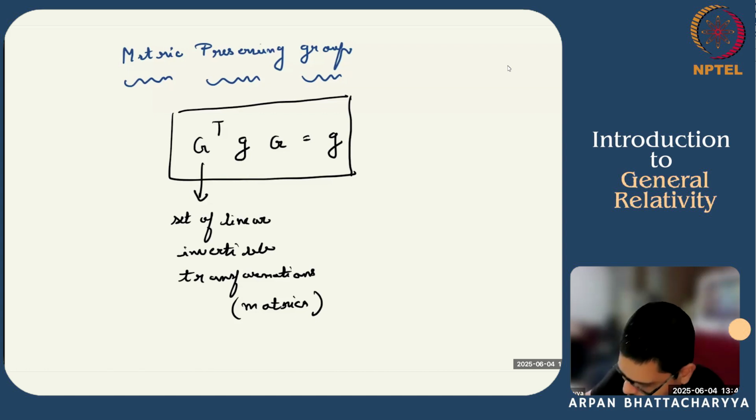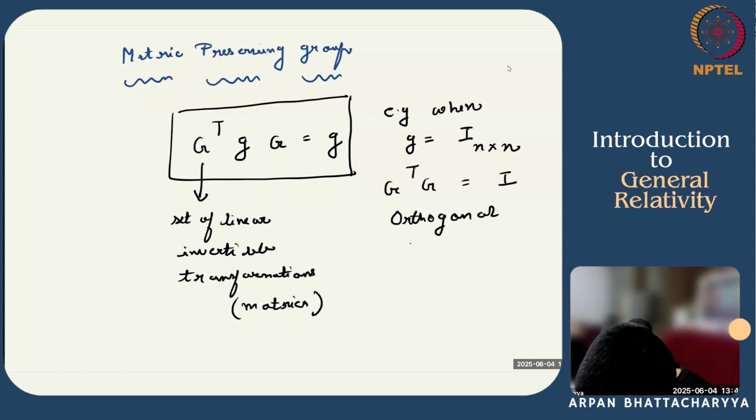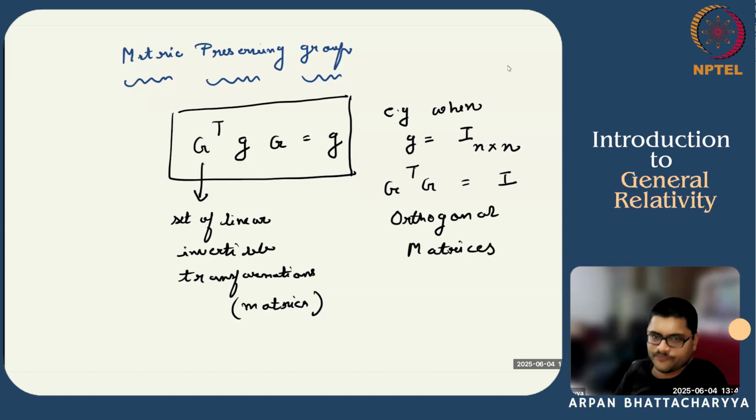So let's take a few examples. When g is the identity matrix, we know that G transpose G is the identity, which is nothing but the orthogonal matrices.